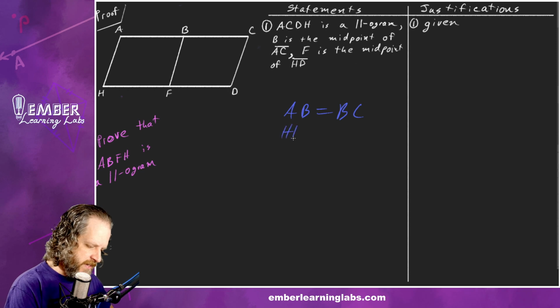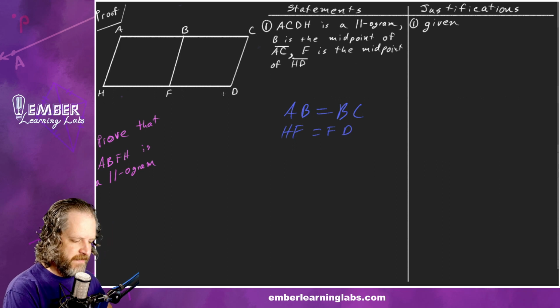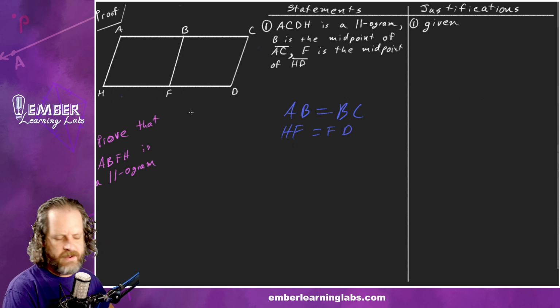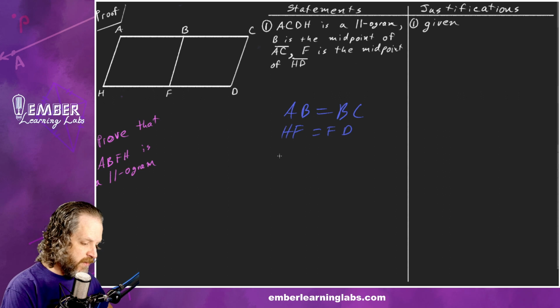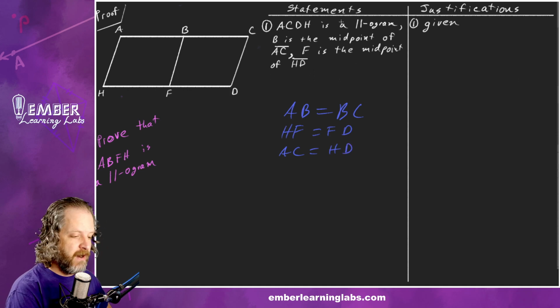I know that HF equals FD because F is the midpoint of HD, no problem. I also know that the measure of AC is equal to the measure of HD because opposite sides of a parallelogram are congruent, right? So I've got some things.